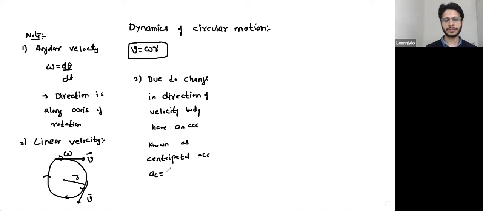And centripetal acceleration is just v square by r.